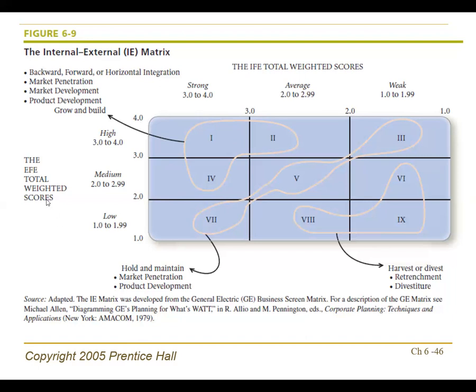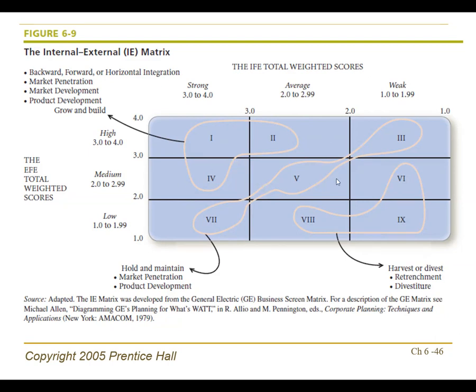Similarly, on the vertical axis, a 1 to 2 score is taken as low, 2 to 3 is taken as medium, and 3 to 4 is taken as high. By distributing these scores into slabs, three slabs for the IFE and three slabs for the EFE, it makes 9 boxes over here.